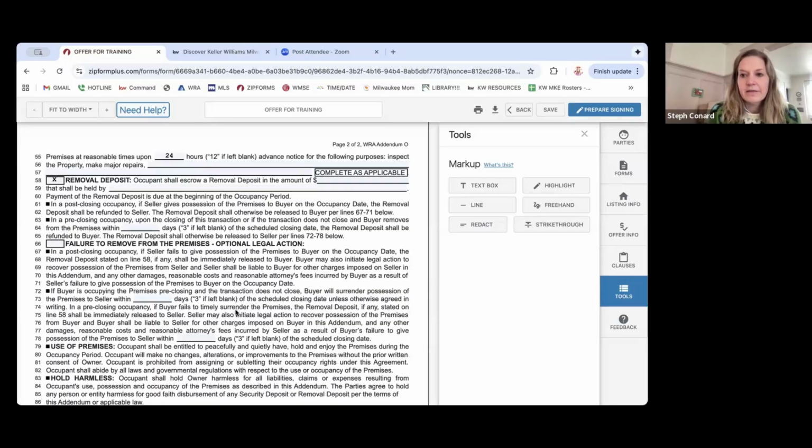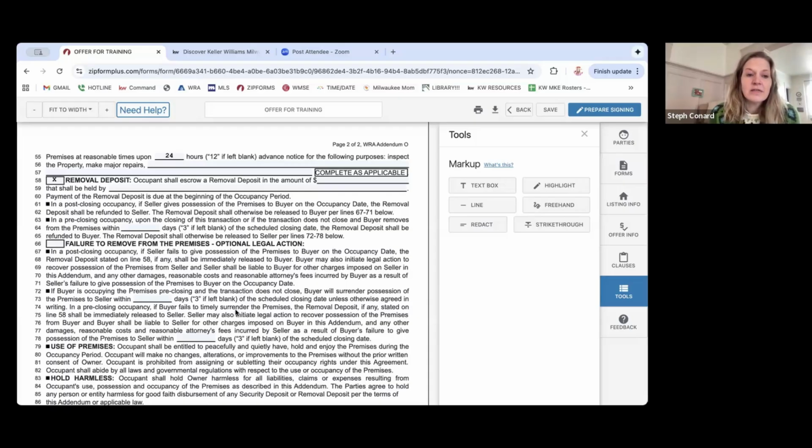So in that, November 28th, we've identified that that's when the seller is going to be out. And if they're not out, then they're going to be charged a daily charge of X amount until they do move out. So kind of just like getting ahead of squatting or that sentiment.